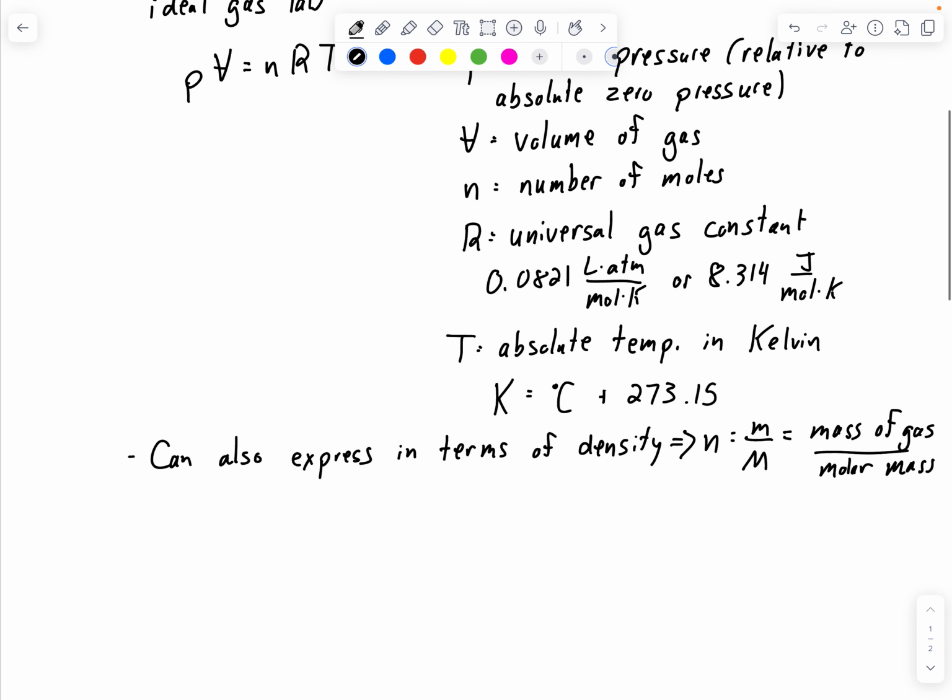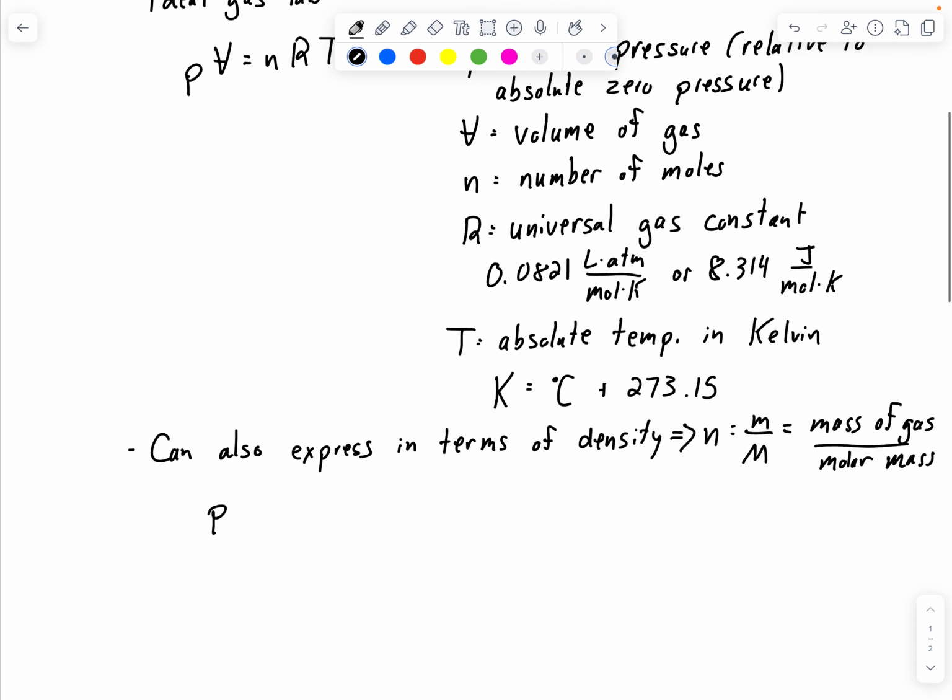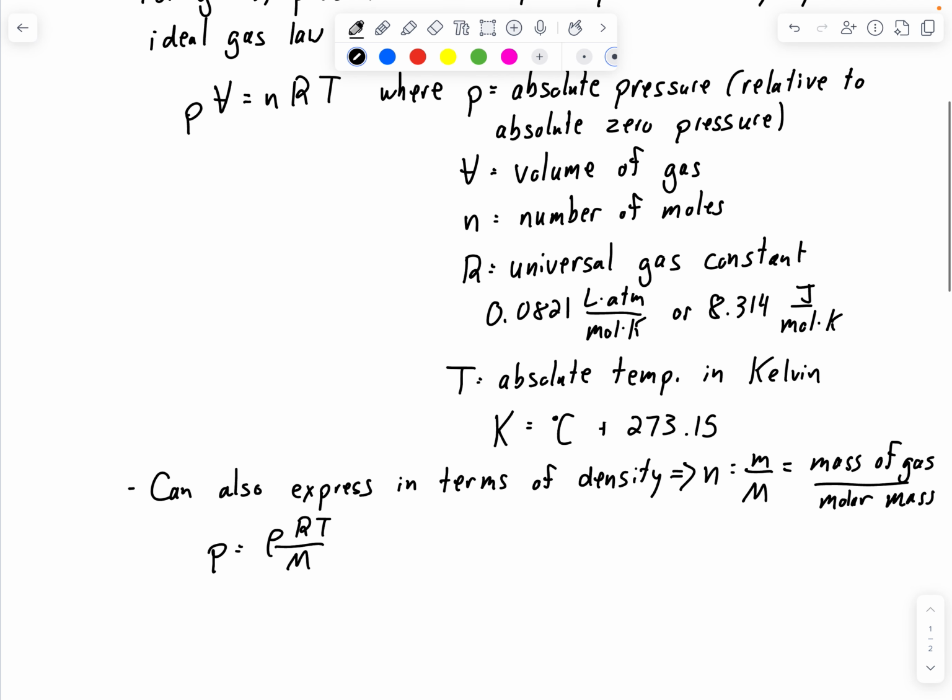Plugging that in, we find P is equal to rho RT over M. So for gases, pressure varies with temperature and density by the ideal gas law.